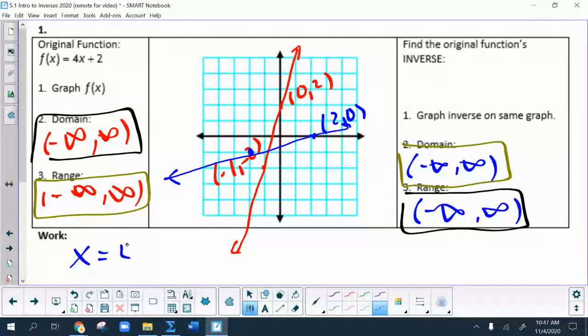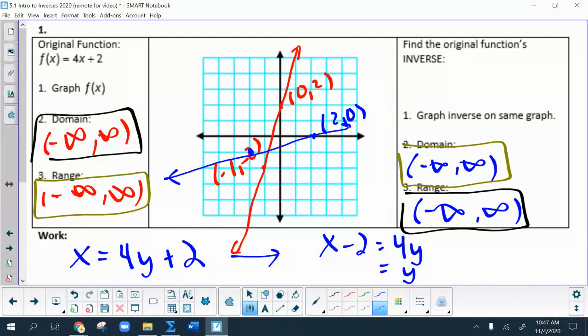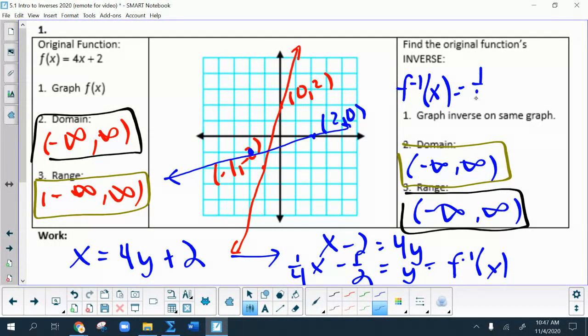And then write this as 4y plus 2. So then this becomes x minus 2 equals 4y, and y equals 1/4 x minus 1/2, which is now your inverse. So we write it as what looks like a -1 power, but it actually stands for inverse.